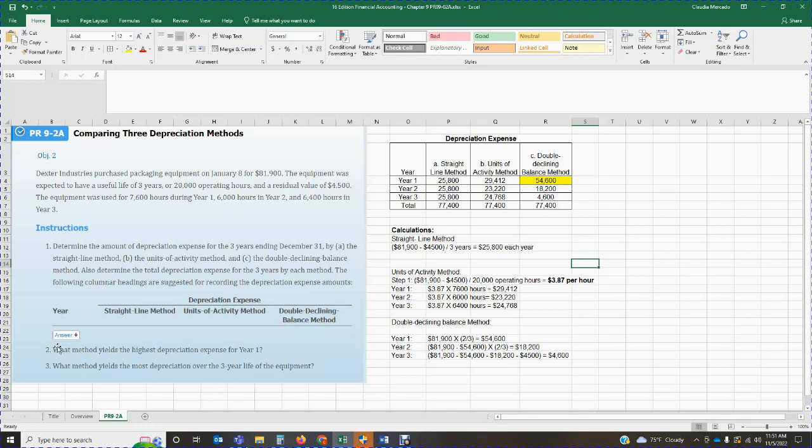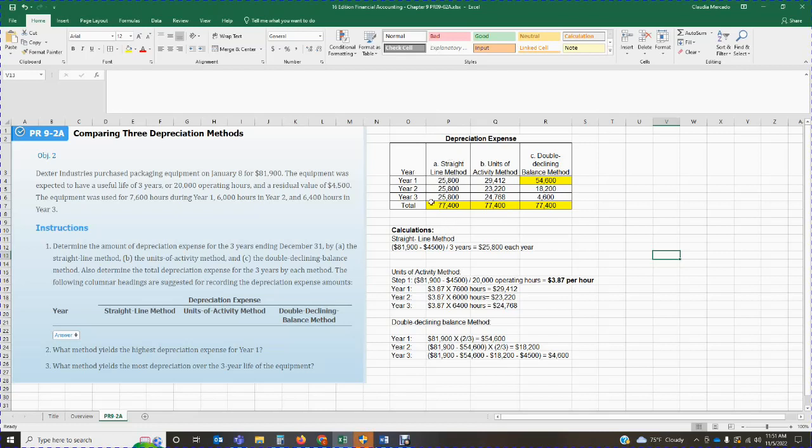Okay, so what method yields the highest depreciation? The double declining. And if we notice, all 3 methods yield the same total amount of depreciation, as it should be. We're not changing the depreciation amount. All we're doing is changing the allocation of the depreciation over the 3 years.